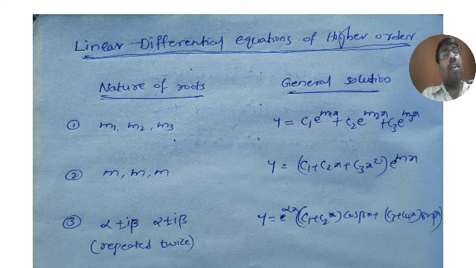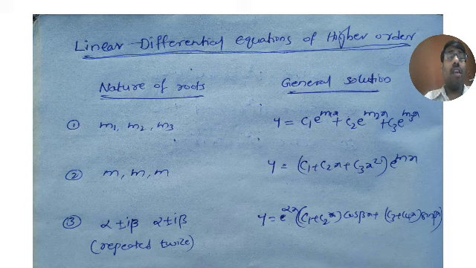So concentrate on this. So when m1, m2, m3 are real and different roots, then how to write the general solution. When m1, m2, m3 are real and equal roots, then how to write the general solution. If complex roots exist in a pair, so 2 pairs of complex roots, alpha plus or minus i beta, again alpha plus or minus i beta, then how to write the general solution is given in the slide.